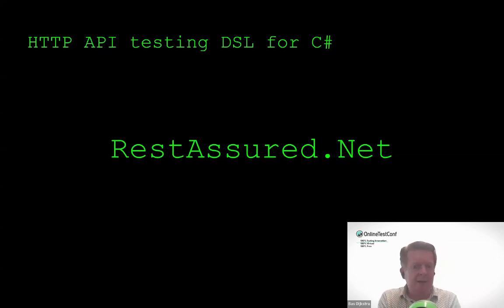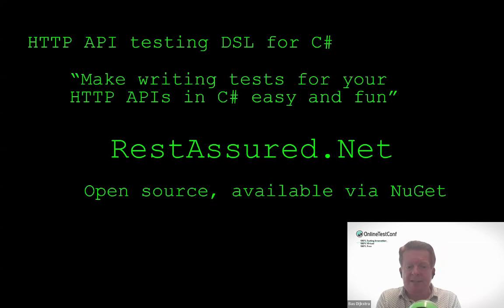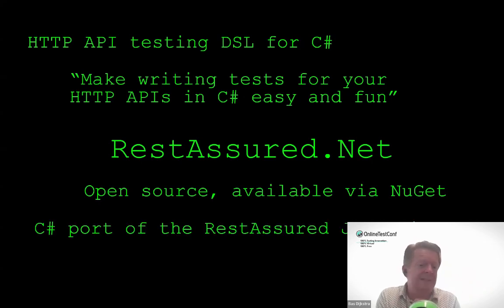It's an HTTP API testing DSL, domain specific language, for C Sharp. It's completely open source. It's available as a NuGet package. And as I said, basically, it's a C Sharp port of the Rest Assured Java library.